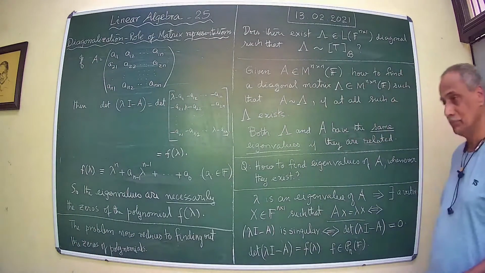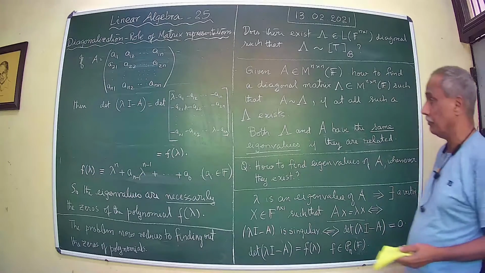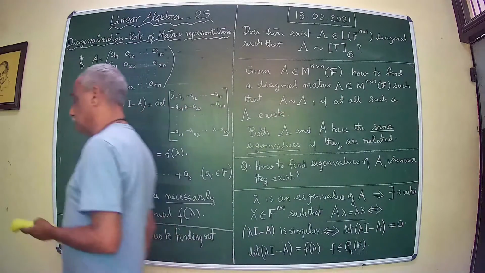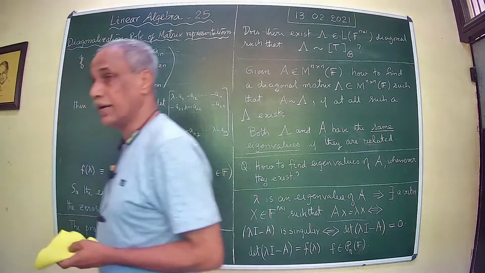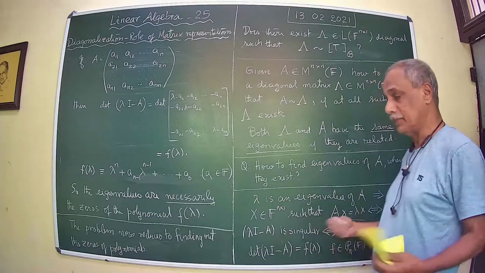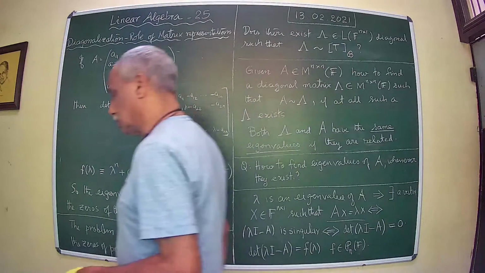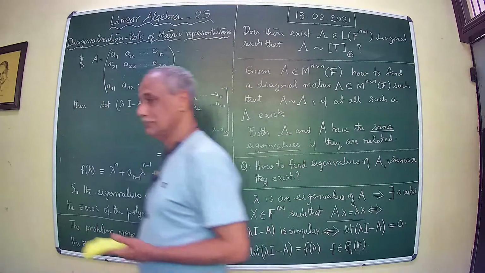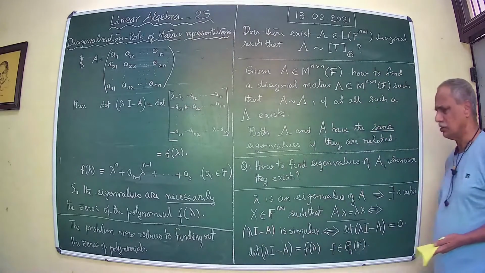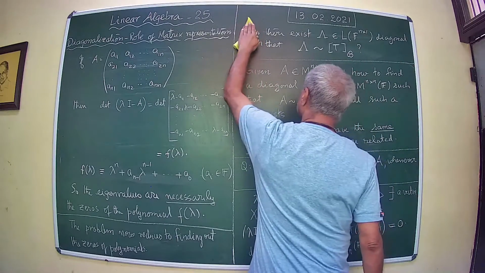But if you can factorize in some way and reduce it to polynomials of lower degree than 5, then you can try to find out the roots of those factors, each of which is a polynomial of degree less than 5, by some general methods. But in general it is not a very easy task.